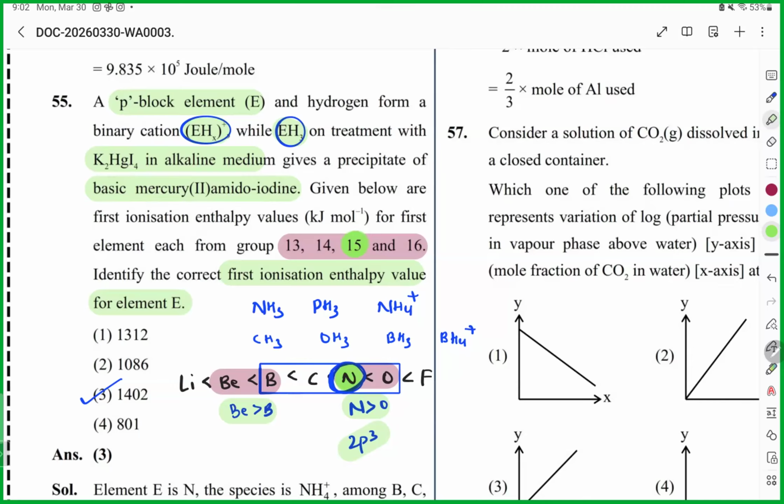Because we know the element is nitrogen, which belongs to group 15, and 15 has the highest value. We are not bothered about the number, we compare highest or minimum. For example, if it is carbon and they write that it is forming CH4, then it will not be the maximum value. Understood?